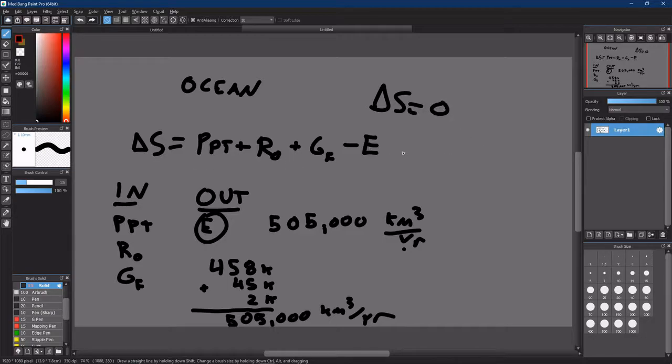But if the inflows did not equal the outflows, then you would have a change in storage that was not equal to 0. So if there's more water flowing into the oceans, that's going to be a positive number. If there's less water entering the ocean and more leaving the ocean, then that would be a negative number.